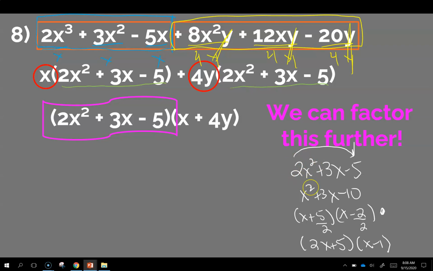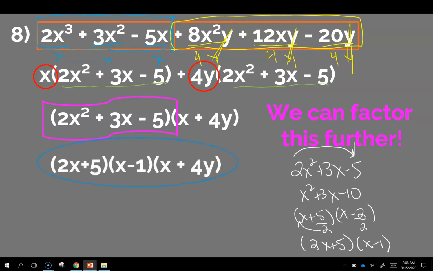You need 2x squared. So that shows you that you're not done. Something had to get moved to the front. 5 over 2 does not simplify, so this denominator got promoted to the front of the binomial. So now I can write it as 2x plus 5, x minus 1, and then we still have x plus 4y on the end. So that was kind of this whole day into one problem.